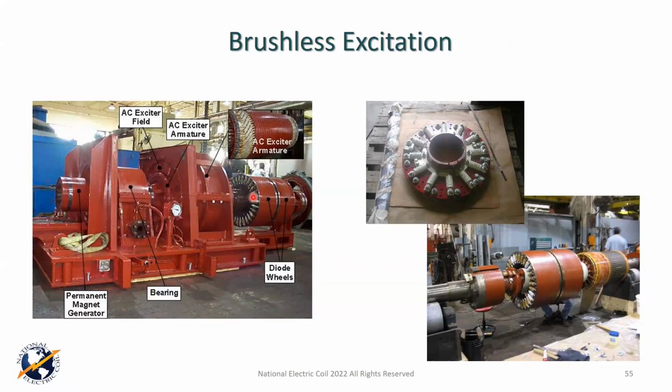It runs out to the diode wheel assembly because you've got the AC armature and the exciter. This converts it again to DC and puts it either out to the slip rings or onto the shaft. That's your DC that's going onto your rotor to run the generator, okay?